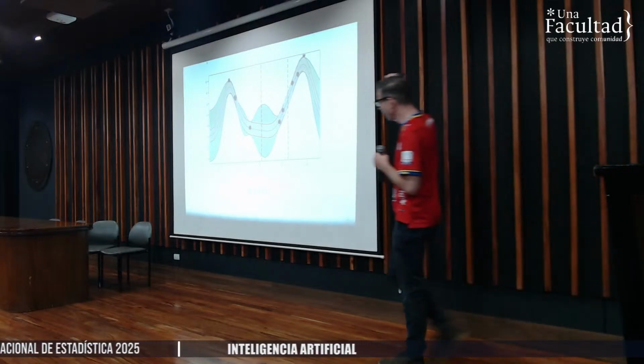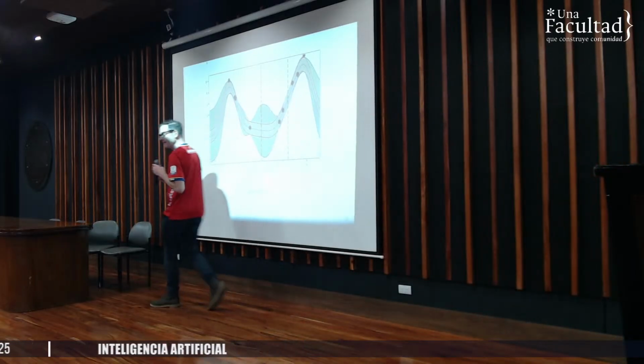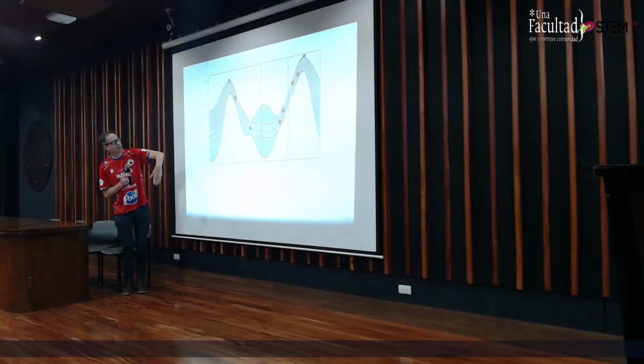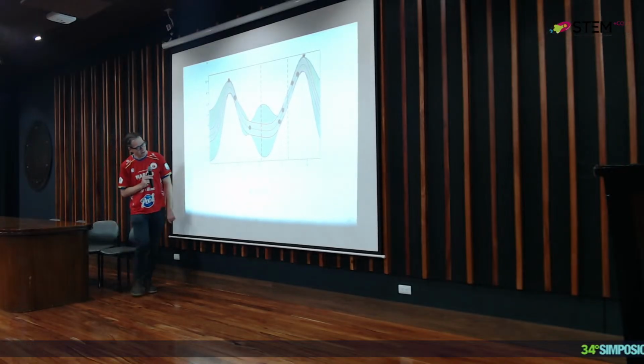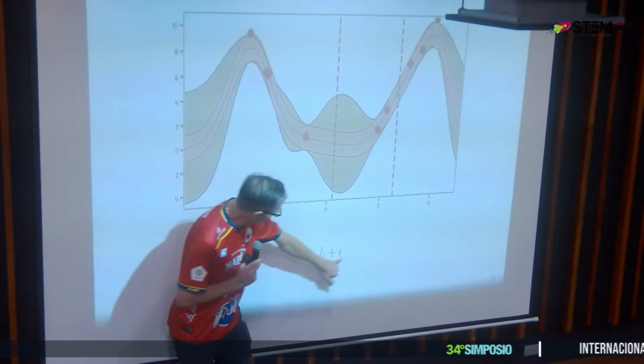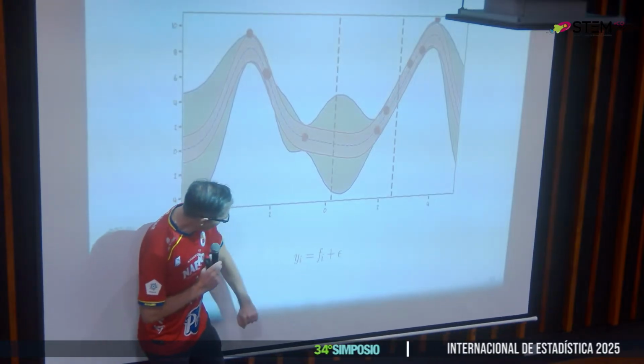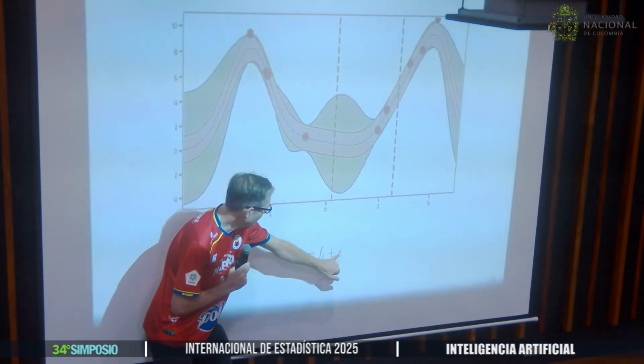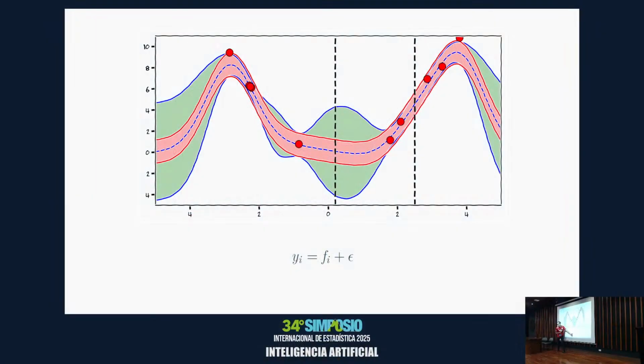So think about this. I didn't show this plot before. This is just the Gaussian process fitted to this thing. We initially started with this function, and then we said we have some noise on it, right? And then we have a function.